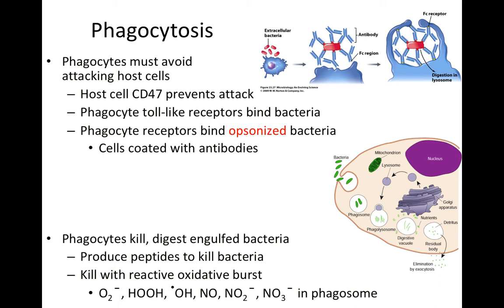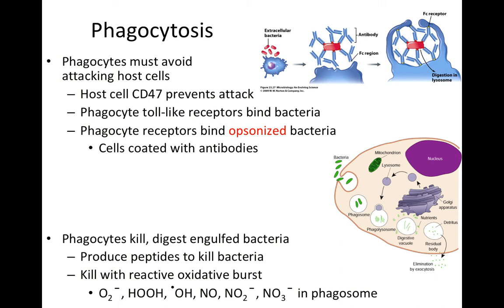And I also want to introduce a new term now, which is opsonization. An antibody is called an opsonin, and there are other opsonins like complement, which we'll talk about as well. These can bind to the surface of a microorganism and facilitate phagocytosis.